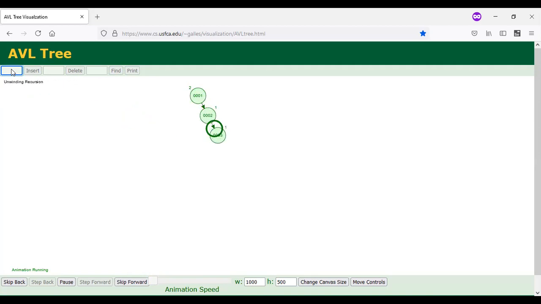What happens here? We inserted this one, and we need to make the balance here. How we are going to balance this is, just rotate it. See, if you look at this, what happens here? It is rotating the values here.